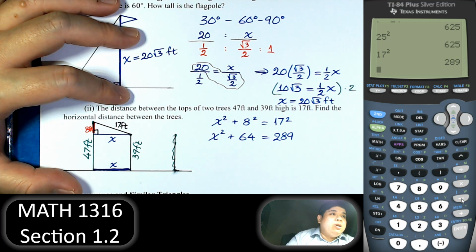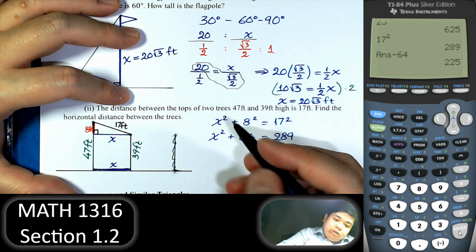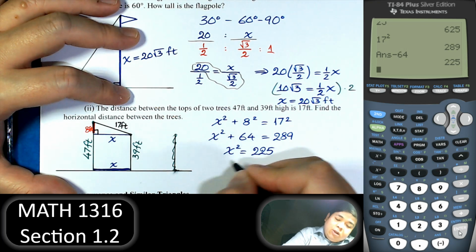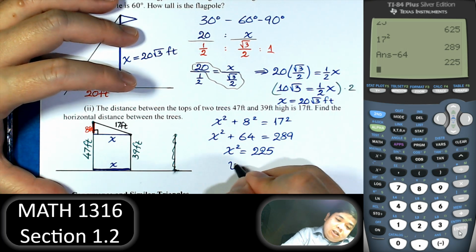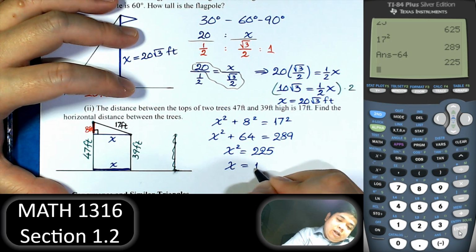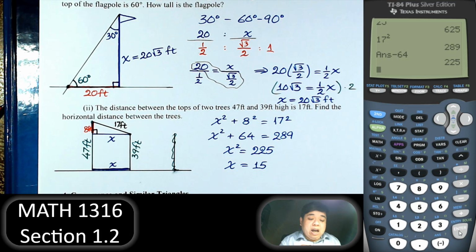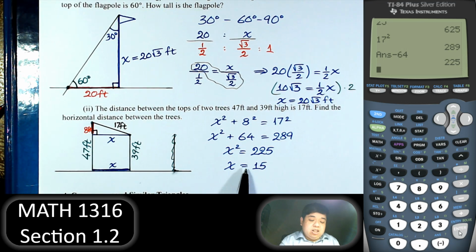Subtract 64: 225. Take the square root on both sides, x equal to 15. By the way, when we take the square root on both sides, that should be plus or minus. The reason I do not consider the minus here is because we solve for a length, and length cannot be negative, so I just throw away the negative sign.